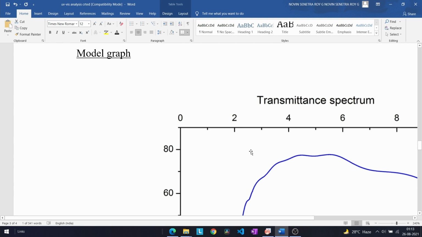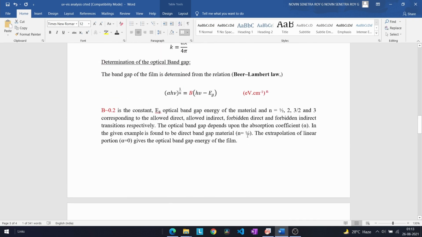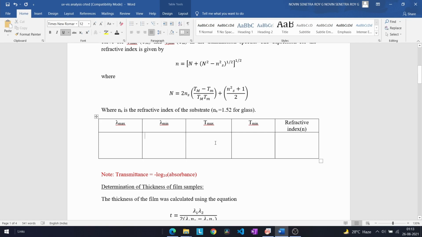From that you can take the values and put them in a table, and you will come across these T max and T min values. You can take a series of 5 to 6 peaks, if there are that many, find the T max and T min using the x and y axis, and then find the refractive index using this formula.